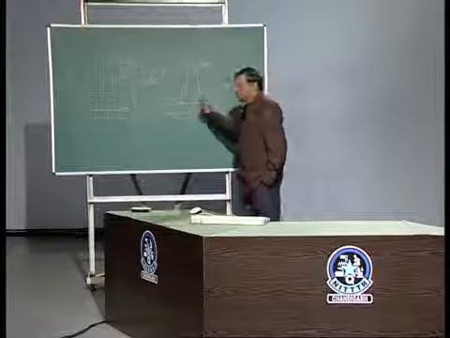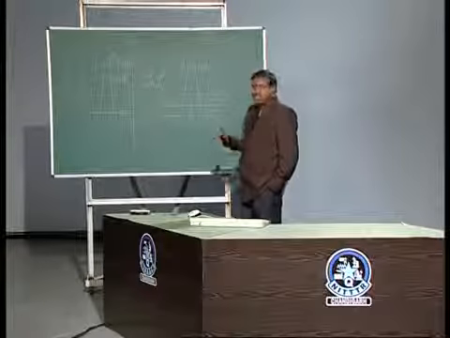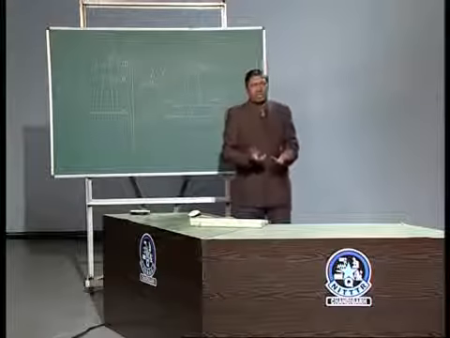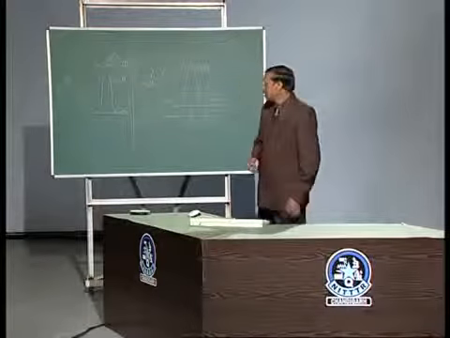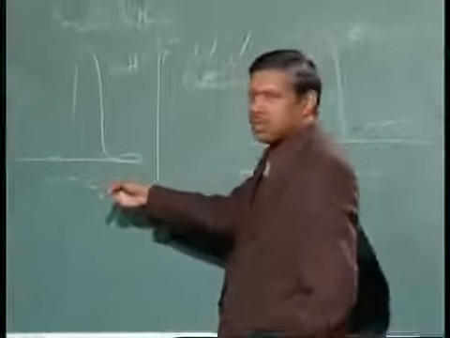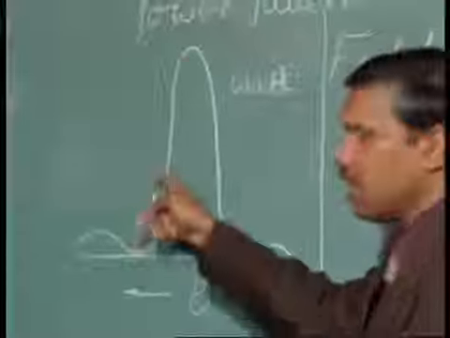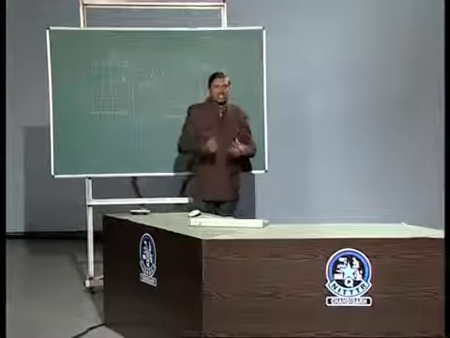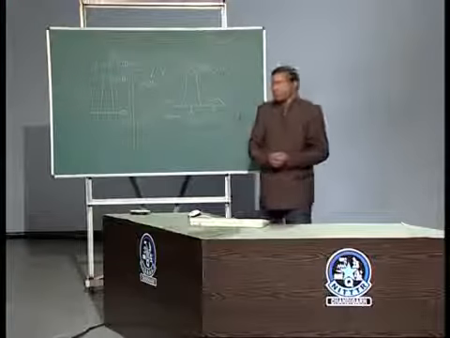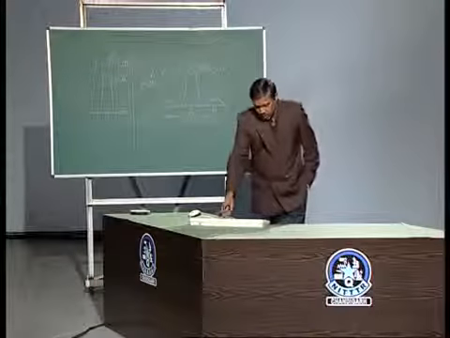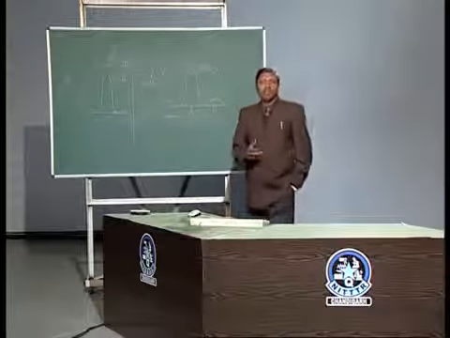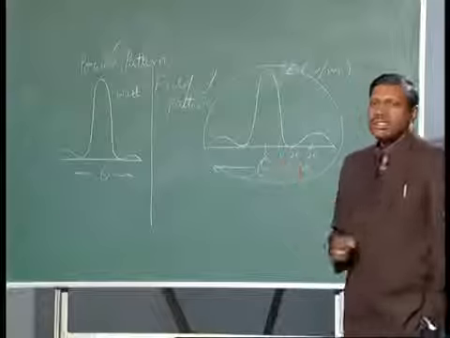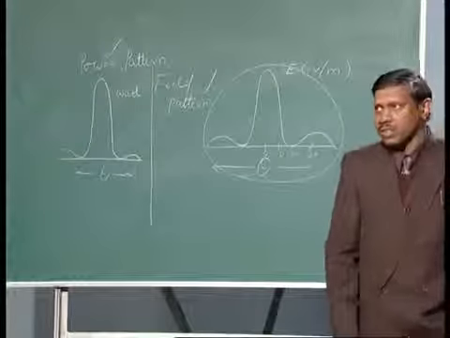This will be your field pattern. But if my measuring device is a power meter, if I am measuring the power using a power meter, then obviously the graph drawn with respect to theta will be in milliwatt or watt. So, the shape obtained after this graphical distribution will be called the power pattern. That is the way we have two types of radiation patterns, either field pattern or power pattern.